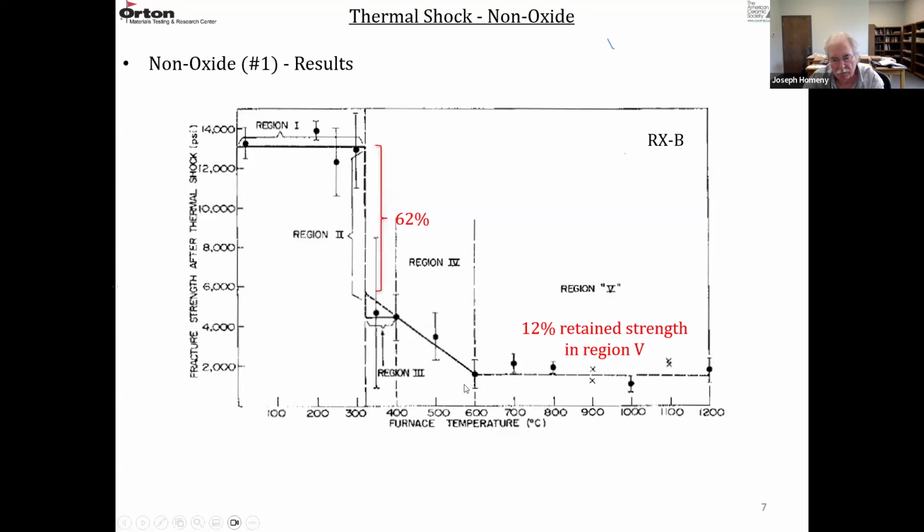So in region 5, there was a 12% retained strength. So there was an 88% loss in strength on this material.